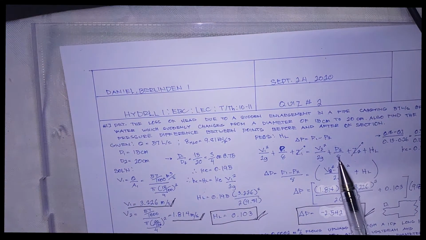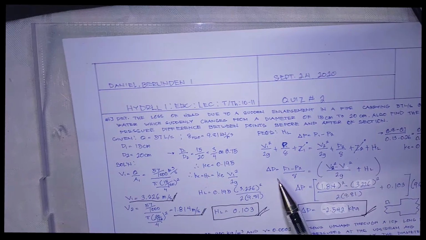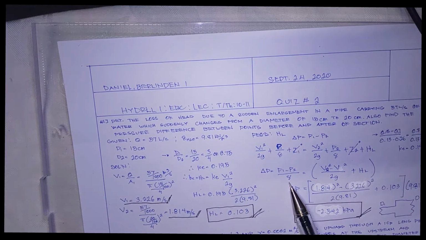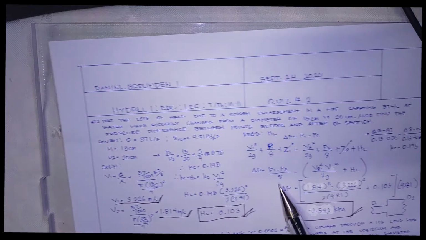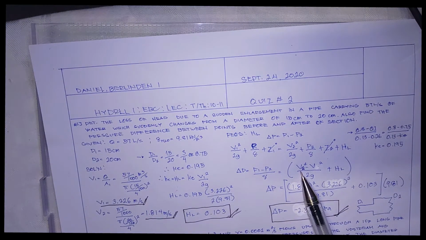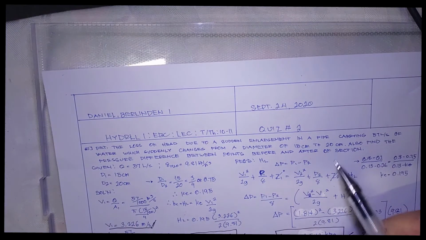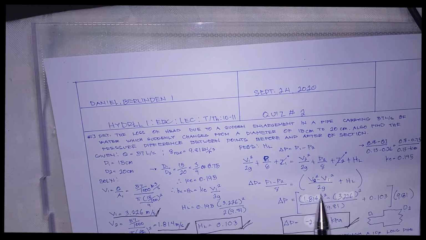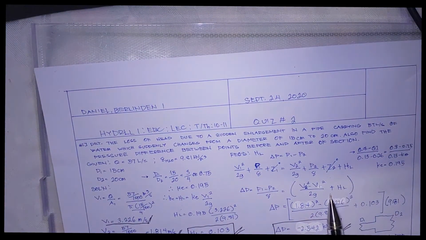So simplifying the equation, we'll have the change in pressure, P1 minus P2 over the specific weight of water, which is equal to velocity 2 squared minus V1 squared over 2 times gravity, plus HL.